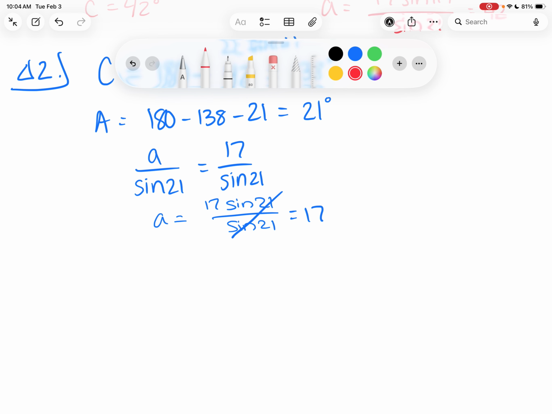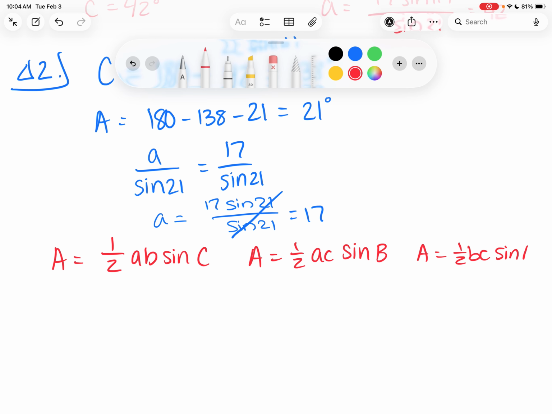And so then the next thing we have is area. These should have been in your notes as well, but 1/2 AB sine C, or were these all in your notes? Or 1/2 AC sine B, or 1/2 BC sine A. These are your 3 formulas.